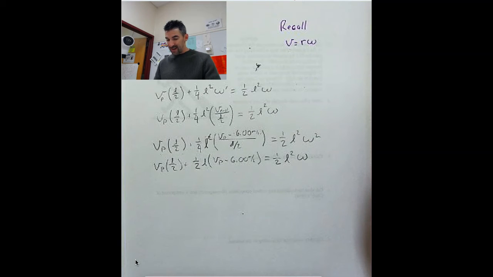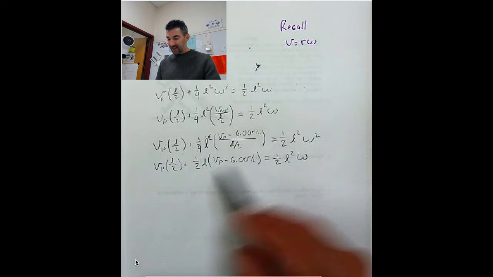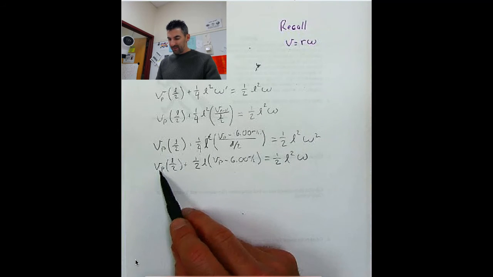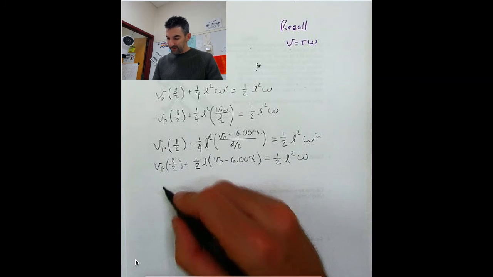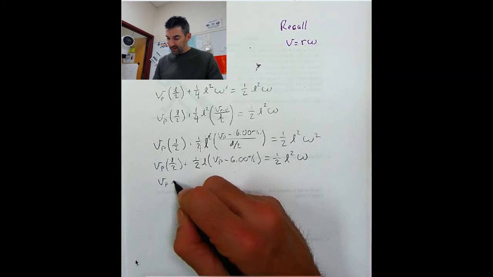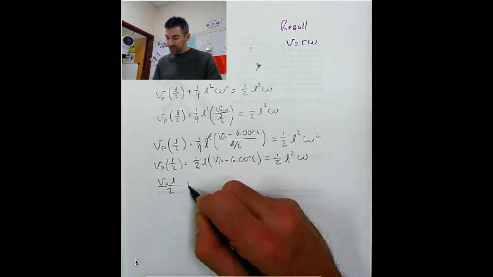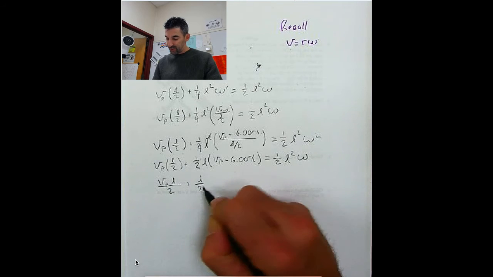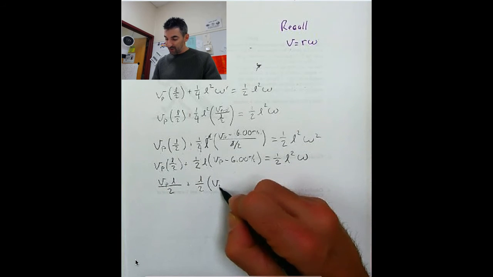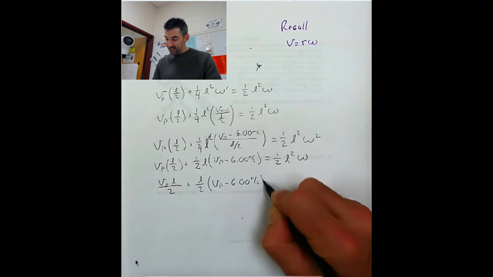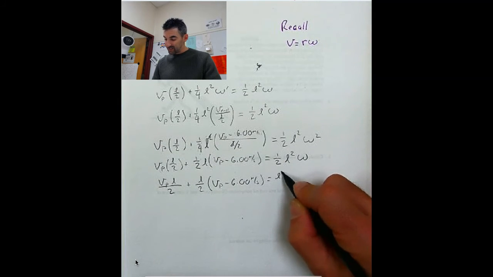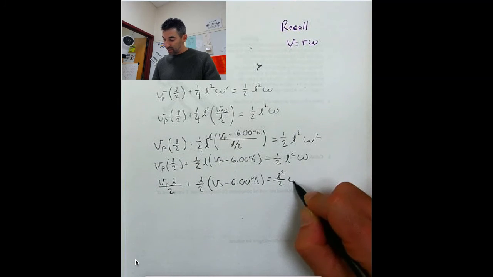Which means now I can say that v particle L over, that is 1. Oh, I can do that. v particle L over 2 plus L over 2 times v particle minus 6.00 meters per second equals L squared over 2 omega.